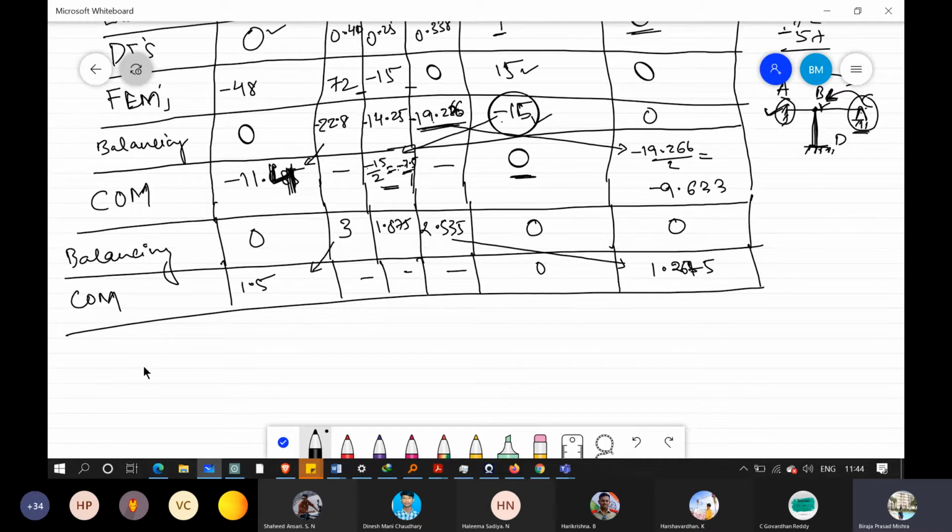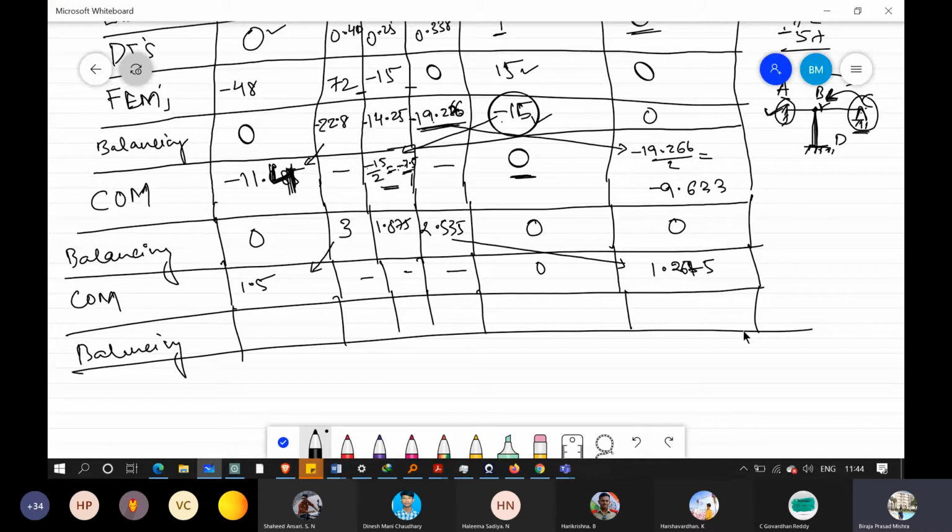Okay, next one will be again balancing. Then this one will be 0. Here nothing is there, here also nothing. This one will be 0. So this gives us the final end moments.